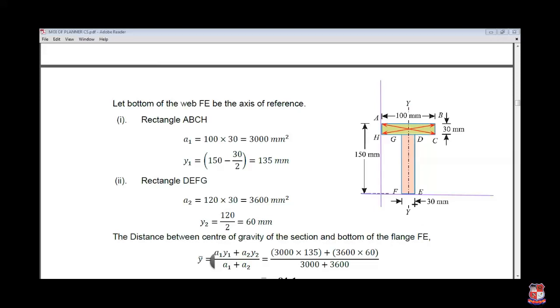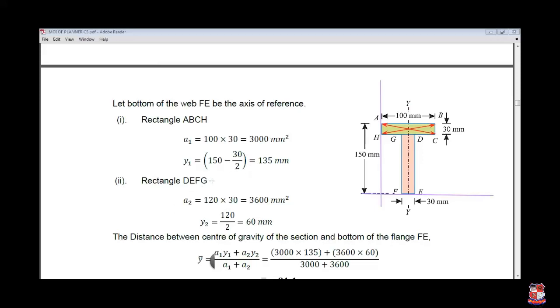So you have to take the distance from here to here, so you add 120. He has mentioned it in an alternate way: he has taken 150 and subtracted from the top distance, 30 by 2. So 150 minus 30 by 2. In this way you can find y1.